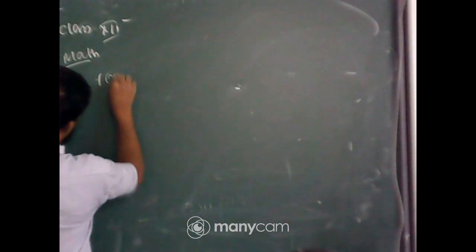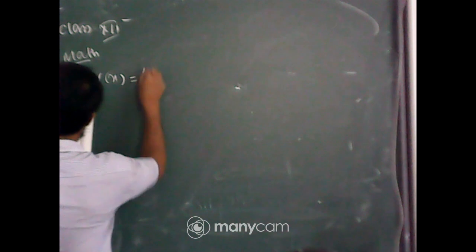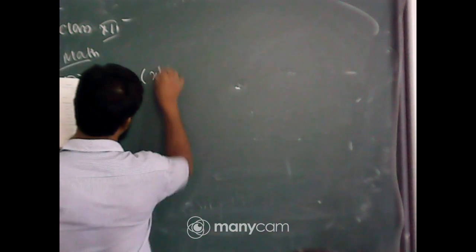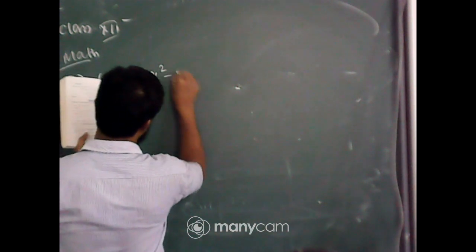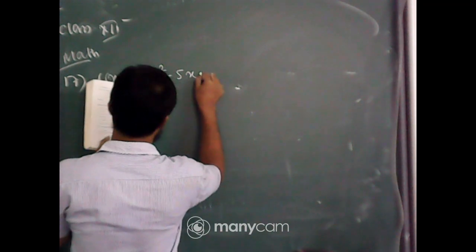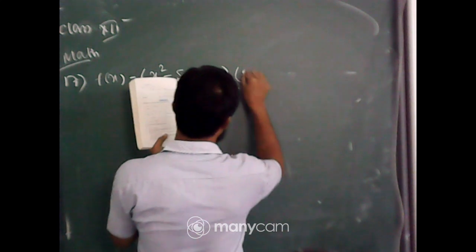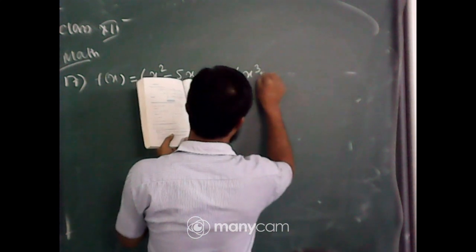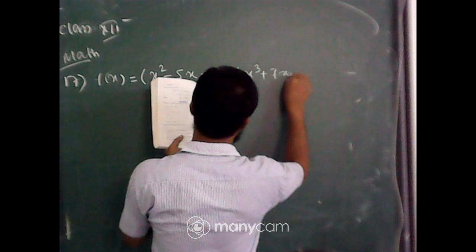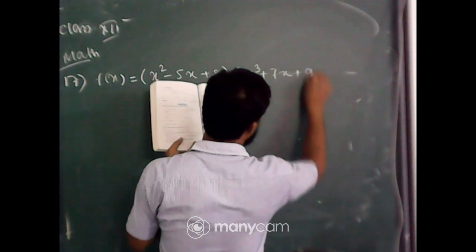Second, by expanding the product to obtain a single polynomial. And the third is by logarithmic differentiation. So the function is f of x equals x square minus 5x plus 8 into x cube plus 7x plus 9.